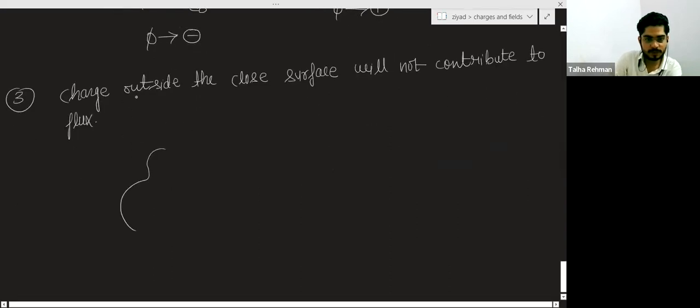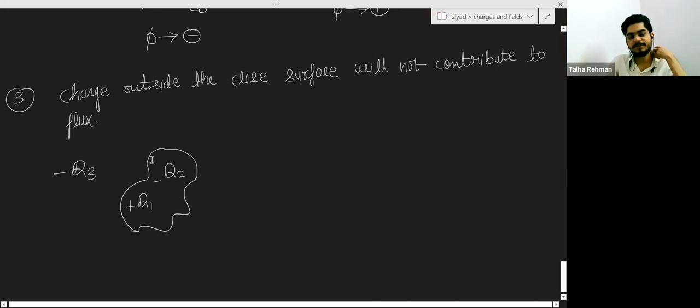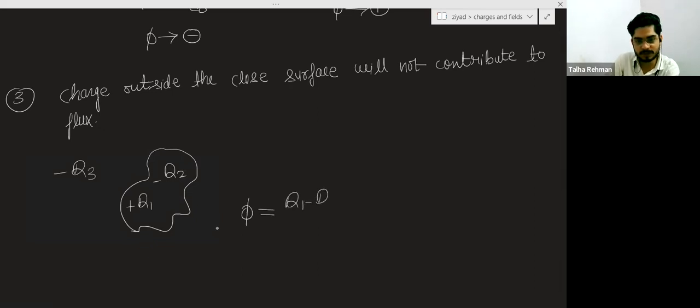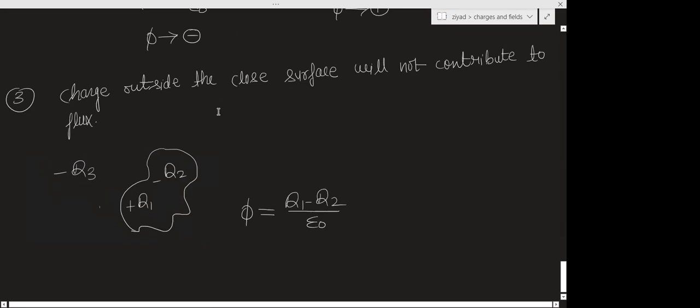Suppose you have this closed surface, and you have two charges inside, plus q1 and minus q2, and here is another charge, minus q3, outside this surface. If you want to find the flux through this surface, the flux will be the total charge contained inside, meaning q1 minus q2, divided by epsilon naught. So you will not take the charge outside the surface for calculating the flux.